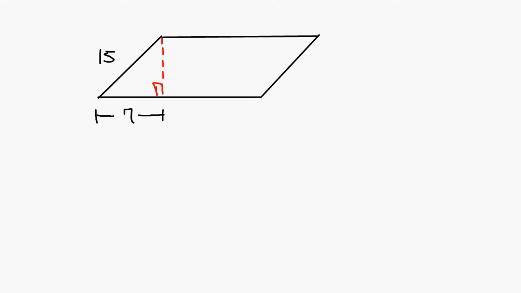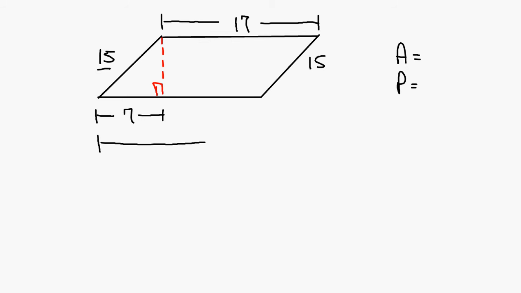And the top is 17. You're asked to find the perimeter and the area. Perimeter is the sum of the sides. So if this left side of this parallelogram is 15, then the right side is 15. If the top is 17, then the bottom is also 17.